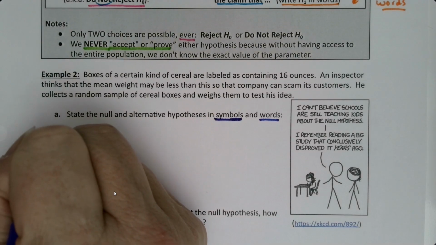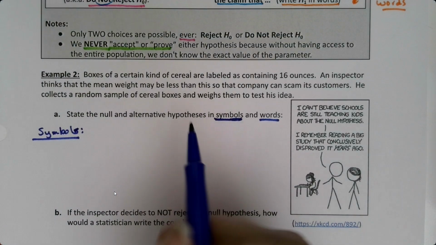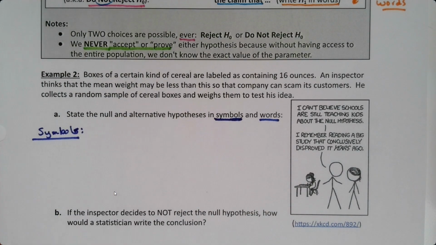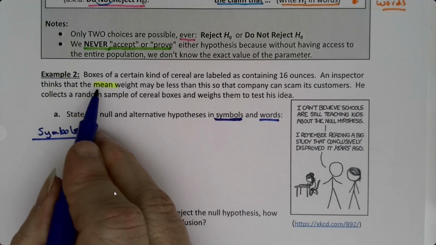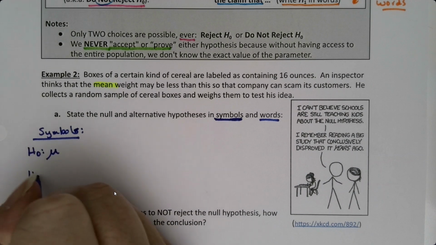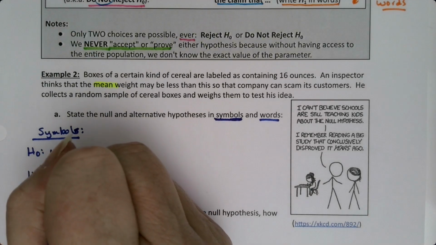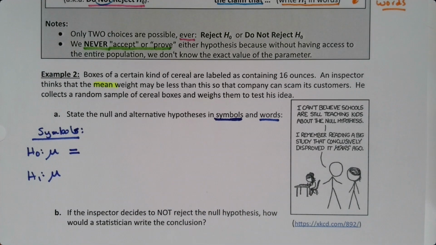All right, symbols. The thing is that it's talking about the mean weight. If you can see the word mean right there, that means that we know that our parameter must be mu. And once it's mu for one, it's mu for the other. The null hypothesis always has an equal sign, always.